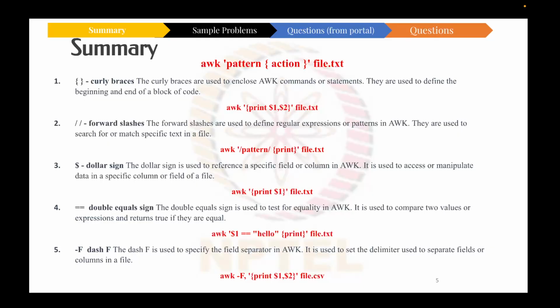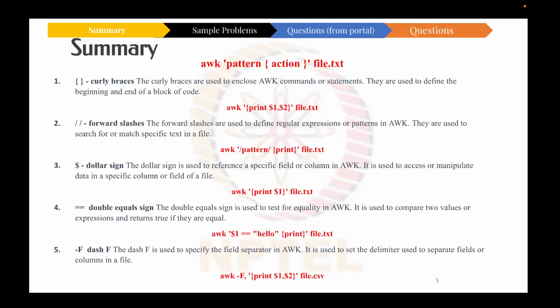Then we have f, that is called dash f. It is used to specify a field separator in awk. It is used to set the delimiter used to separate fields or columns in a file. So in this last awk command, the file format is .csv, which is comma separated.